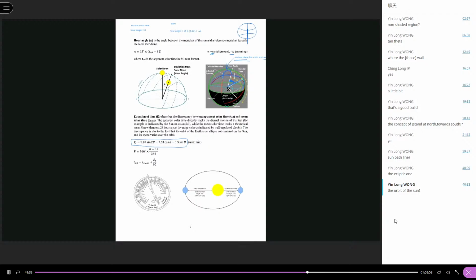For our time record, every day has 24 hours, but the rotation of the Earth is not exactly 24 hours. So we need some adjustment, and it is called the equation of time. Just some more equations, and I think we don't need to talk deep into the equation of time.